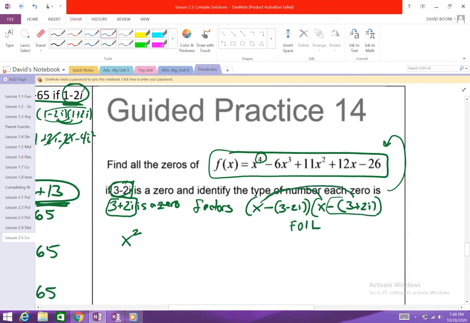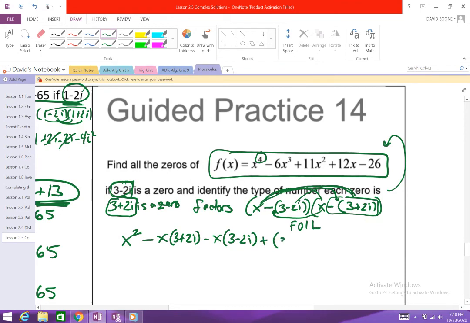I will take the outsides, so I'll take the x times this minus 3 plus 2i. What I like to do is put that right here in front of that, so I'll say it's a minus x. Maybe what we can do here is do this one step at a time. So this is minus x times that 3 plus 2i. The insides here is this minus x times 3 minus 2i.